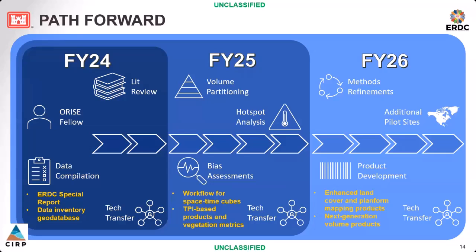Ideally, we would like to address this question on 3 fronts. That being, can we take these volumes and partition them in some manner? For example, can we look at a dune volume versus the volume associated with the beach berm? That's just in a very general sense.